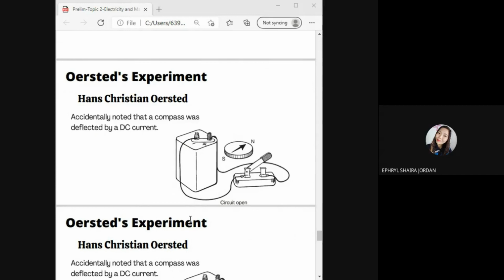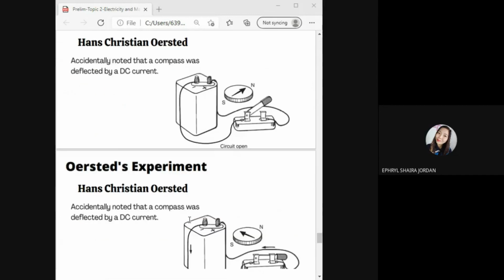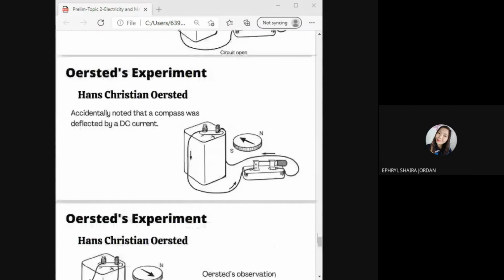But if you close the circuit like this, once the switch is closed and the current flows na, kasi nga closed na siya, so there's current, the compass immediately aligns itself perpendicularly to the current carrying wire. So it will point along with it.